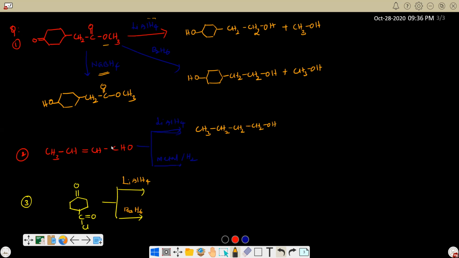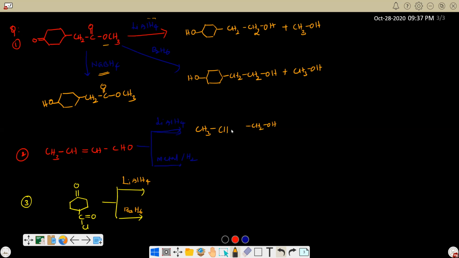Because, one thing you have to notice: lithium aluminum hydride sometimes can reduce an alpha beta unsaturated carbonyl group, but it should be pH. Therefore, you have to keep your double bond as it is. Only one or two exceptional cases it can reduce the double bond. In other cases it's not possible.